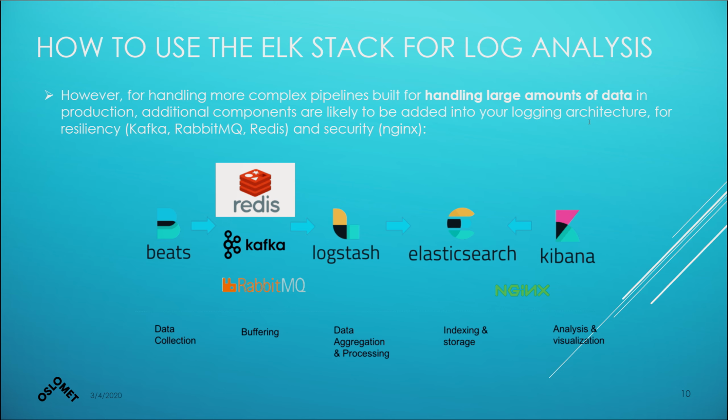RabbitMQ is a queuing system. So you need to have some sort of ticketing so things can come in time. Otherwise, if a lot of information from the Beats collector is sent to Elasticsearch, it's just gonna create a mess.